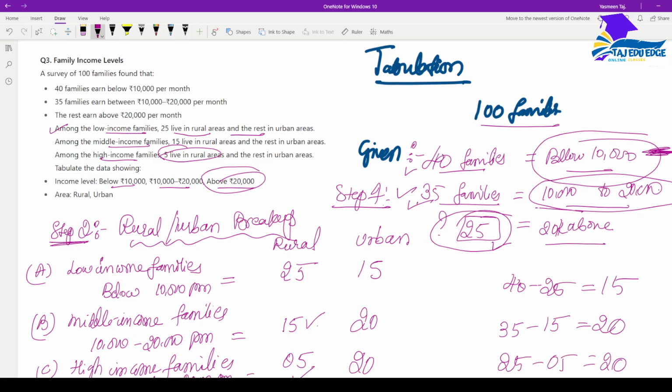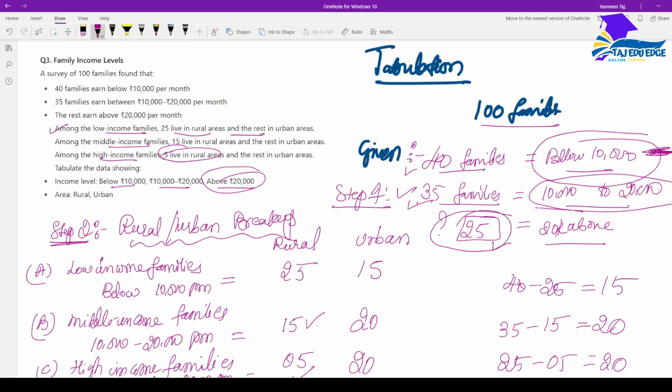So I hope that you are clear now. Because if you understand the question, you can tabulate it directly in the examination. But it is important that you have a clear idea and don't make any mistake, because it's a very easy question where you can easily score 5 out of 5.